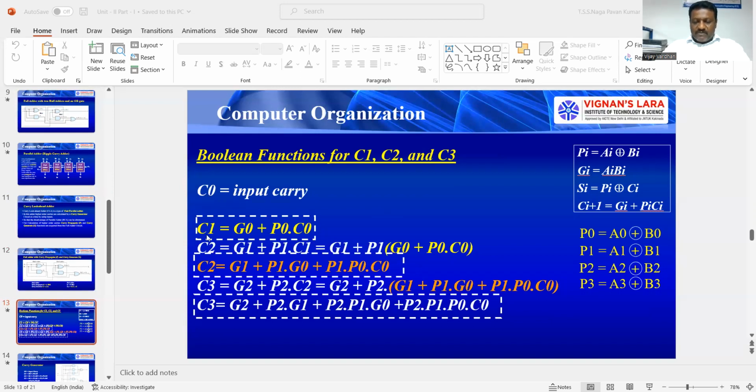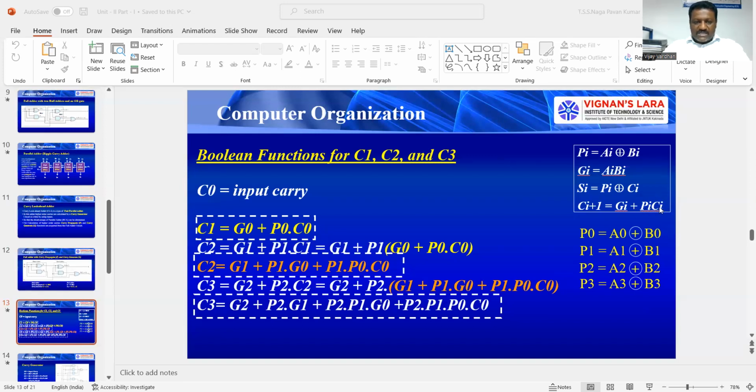If I go for C1, then in the Ci+1 expression, i is equal to 0. Then it is C1. C1 is equal to G0 plus P0 C0. Similarly, if i is equal to 1, Ci+1 is C2, which is equal to G1 plus P1 C1.